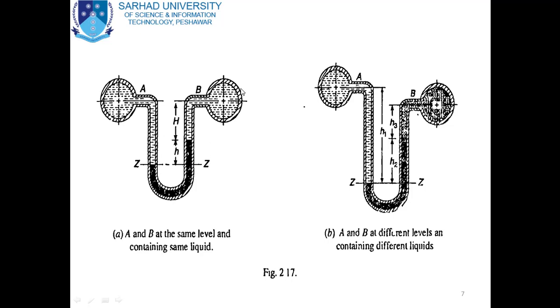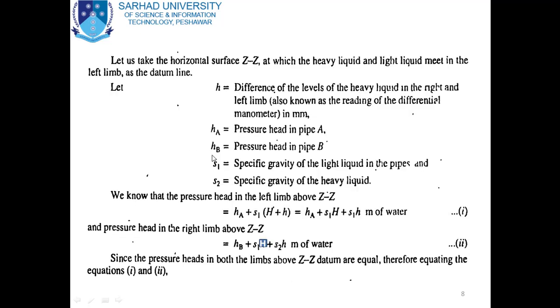So the total pressure in the right limb is equal to HB plus S1 capital H plus S2 small h, and let this be equation number 2.